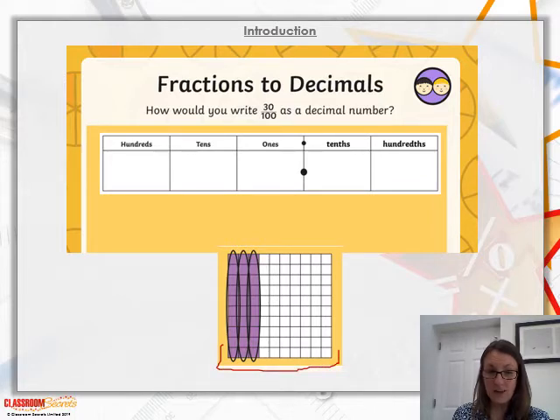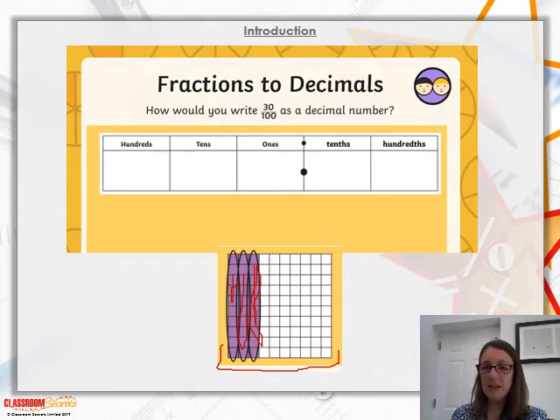So that's why 30 hundredths is the same as 3/10. This is 1/10 here. This is another tenth shaded in purple here, and here's another tenth. It's trying to make you make that connection.